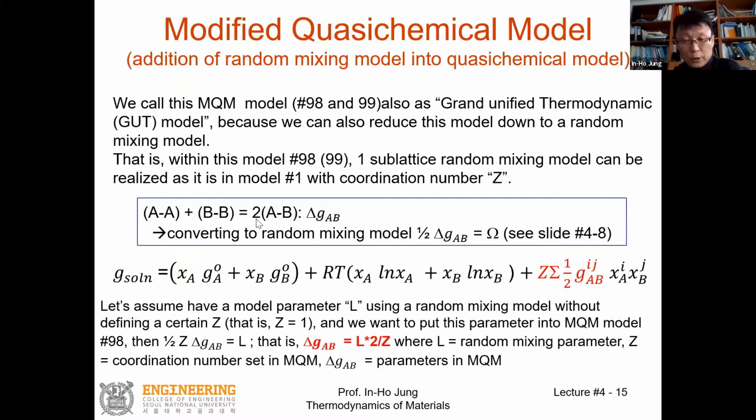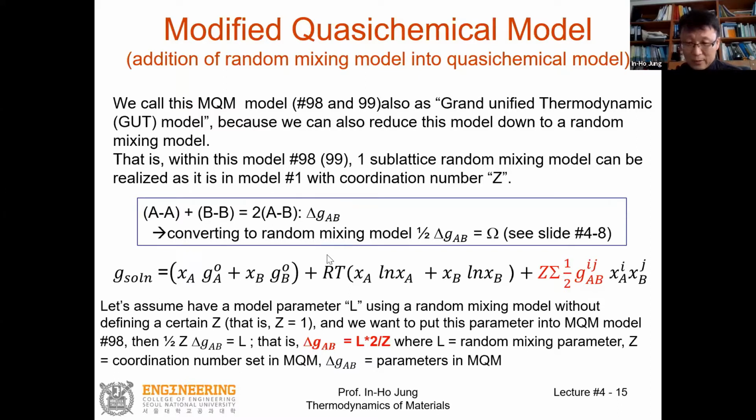In the quasi-chemical model, we assume that 2 moles of AB formation energy is delta Ag. But in the random mixing model, we assume half a mole of AA and half a mole of BB become 1 mole of AB as a regular solution parameter. So there's a factor of 2 multiplied here.